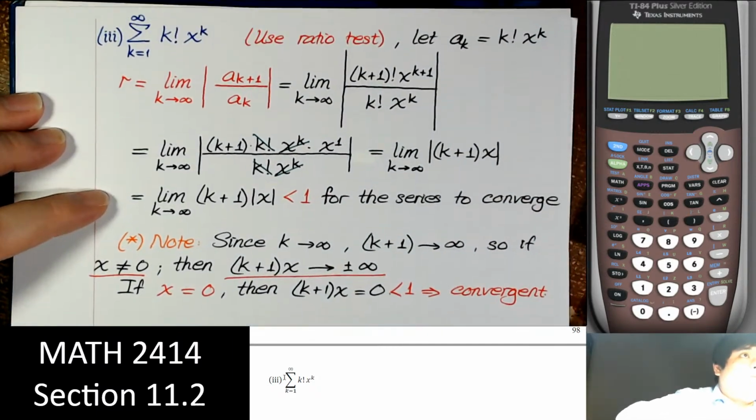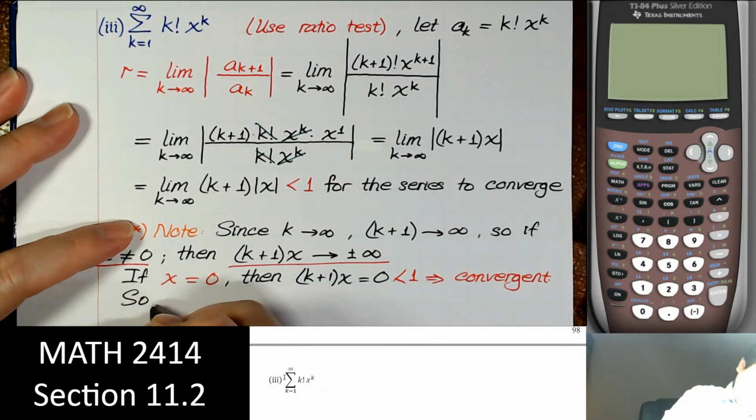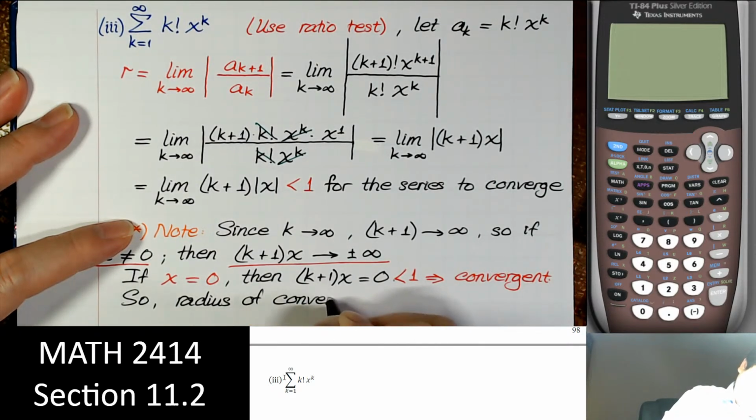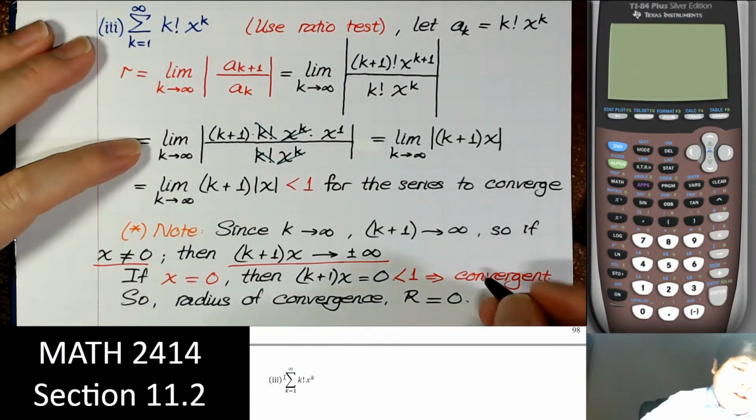So for this problem, the radius of convergence is equal to 0, because it only converges at one point.